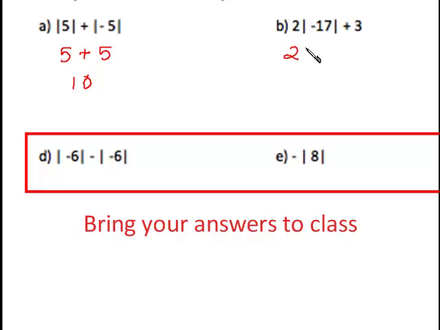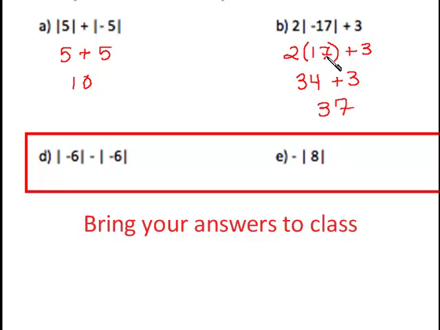The absolute value of -17 would be +17. And then we are also going to add 3 to that. So 2 times 17 is going to give us a positive 34 plus 3. 34 plus 3 is going to give us 37.